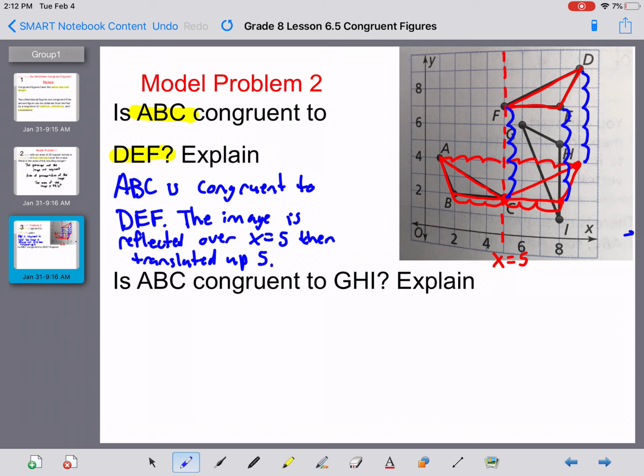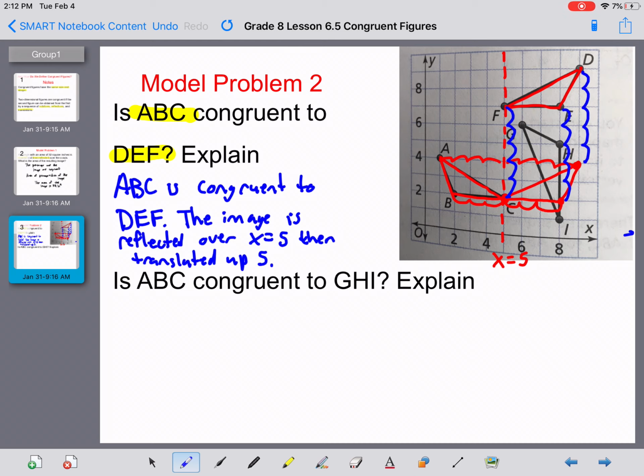So that's my explanation. Your explanation has to be the combination of transformations that moves you from one object to the other object. Now, is ABC congruent to GHI?